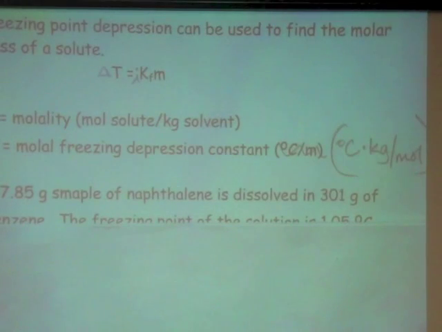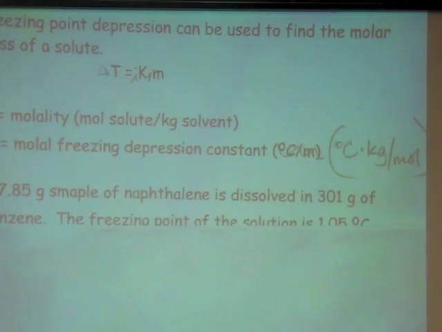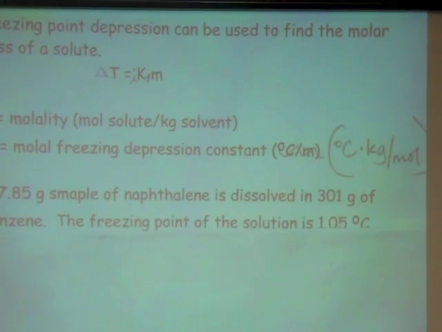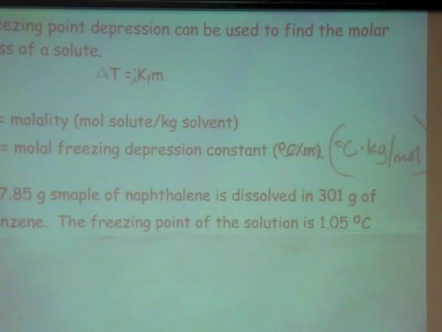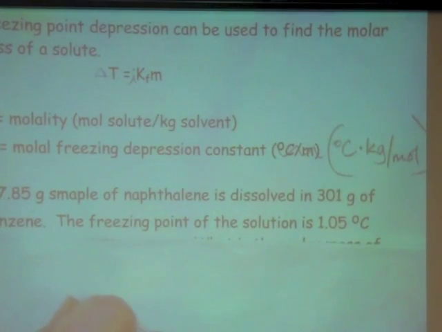All right, a 7.85 gram sample of naphthalene, mothballs really, is dissolved in 301 grams of benzene. If this is benzene, and that's the solvent, do you think that solute is polar or non-polar? It's non-polar.